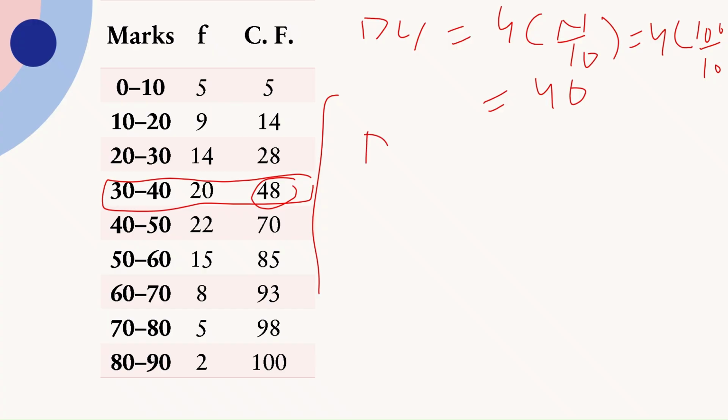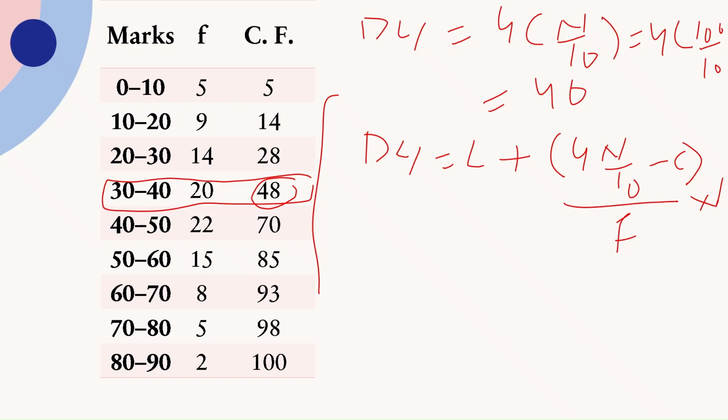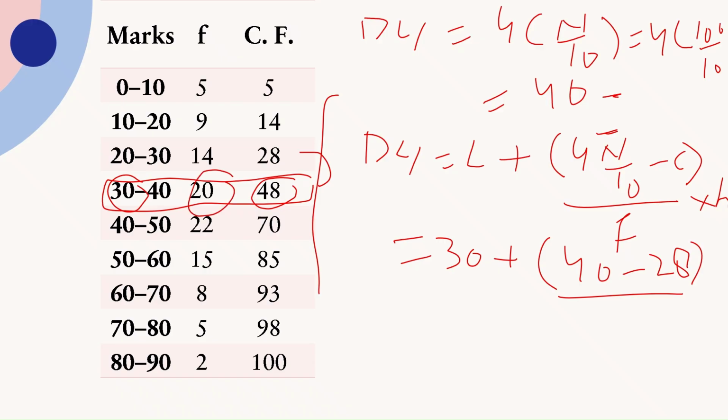The formula for D4 is equal to L plus 4 times n by 10 minus C, divided by F, into H. So same, L is the lower limit, which is 30, plus 4 times n by 10 already calculated, 40, minus C, the preceding cumulative frequency, 28, divided by F, the frequency of the selected class, which is equal to 20, into 10.